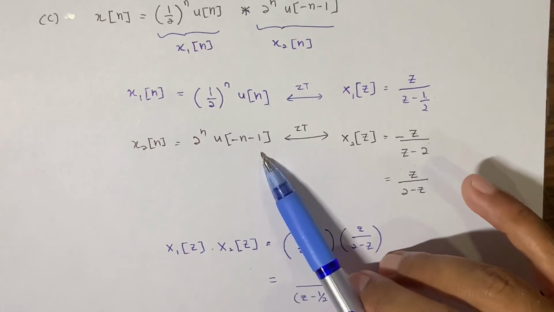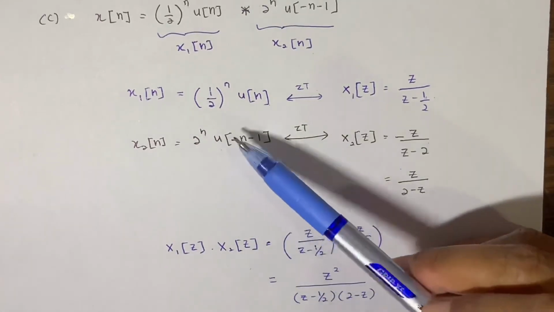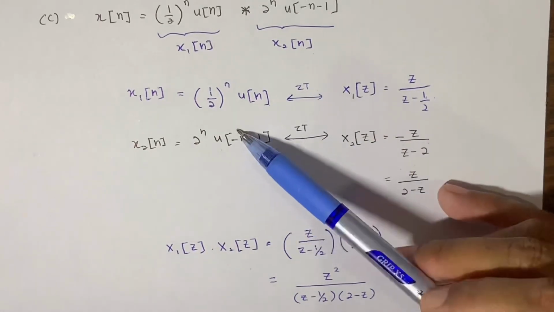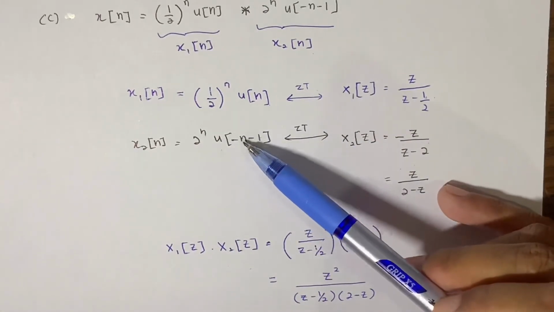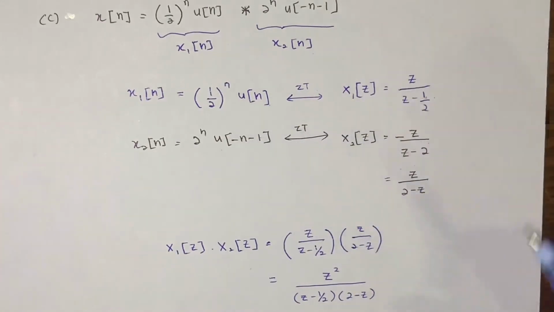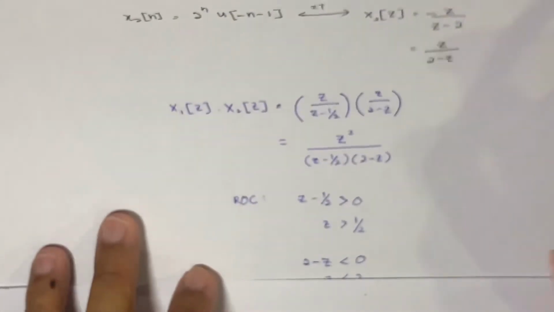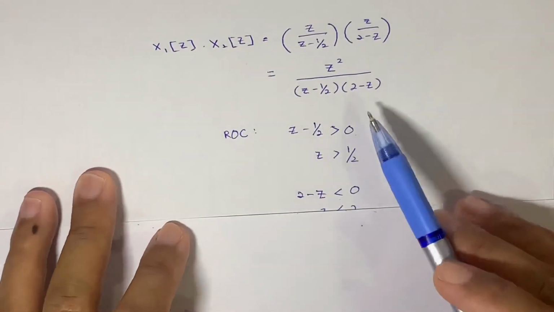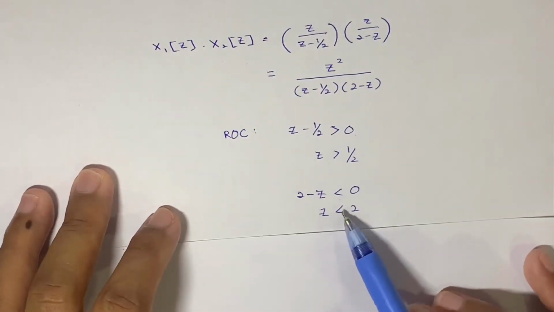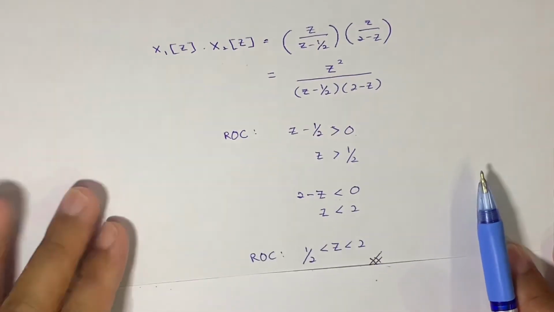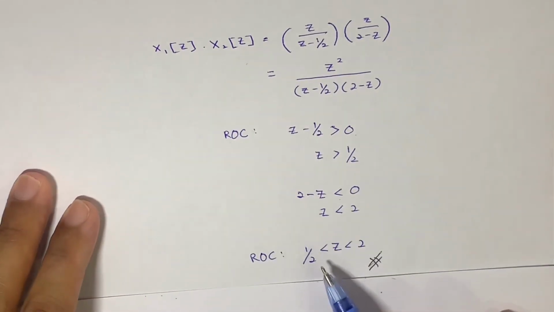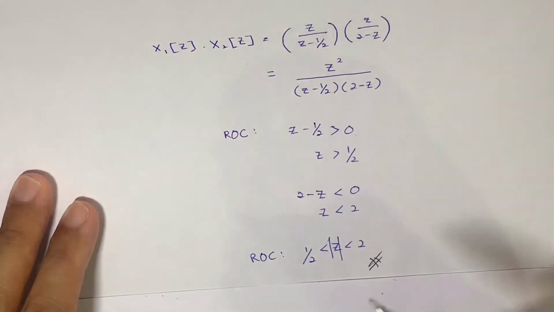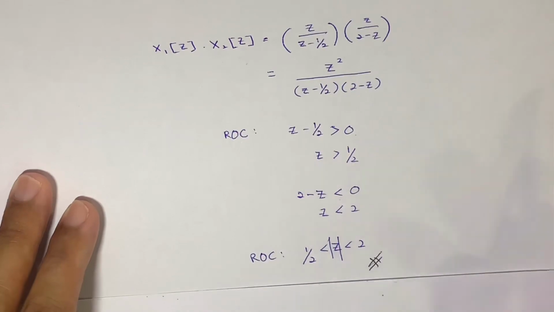This signal is time reversed, negative n, a left-sided signal. That's why it is less than 0: 2 minus z less than 0, z less than 2. So the ROC is z between 1 over 2 and 2.